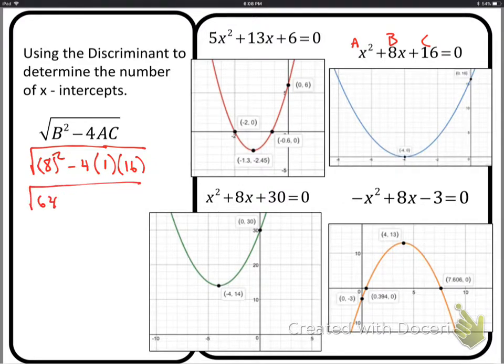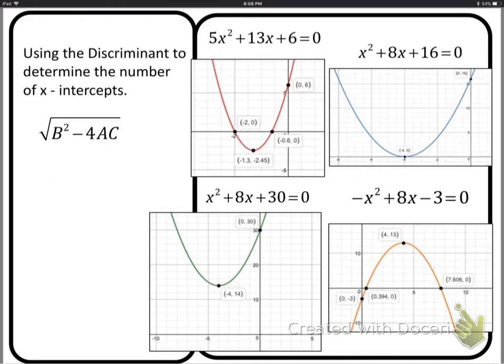Negative 4 times 1 is negative 4. Negative 4 times 16 was negative 64. So this is the square root of 0. And remember, when our discriminant is 0, we only have one x-intercept, and it's right there. You can see on that graph we just had that one x-intercept because the vertex is on the x-axis.